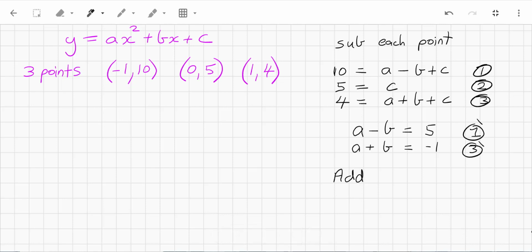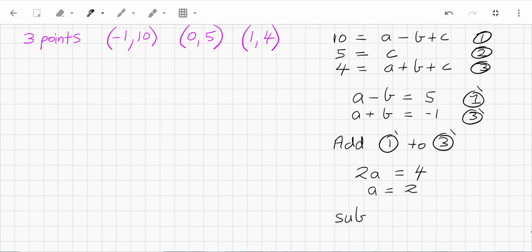I'm then going to add 1 dash to 3 dash, which is going to give me a plus a is 2a. The negative b and the positive b is going to cancel, so that's good. That's my elimination step. 5 plus negative 1 is 4, which then gives me a = 2.